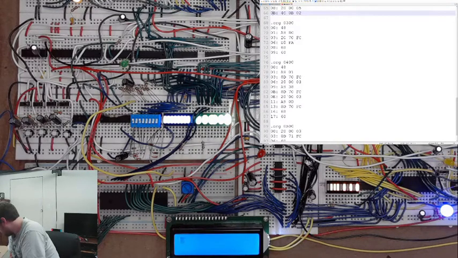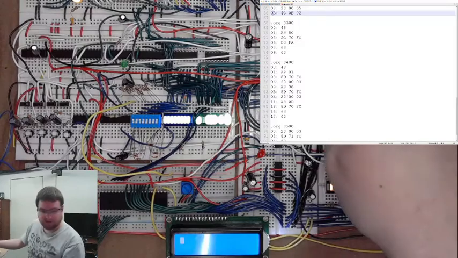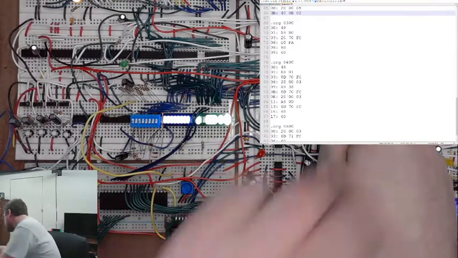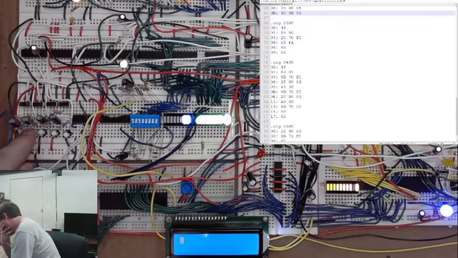What are we doing wrong now? Okay, so here's where it messes up. I have no idea where this comes from and what it's doing. So let's put it back into manual clock. Let's see what's going on, if we can. I need to see what part messed up.